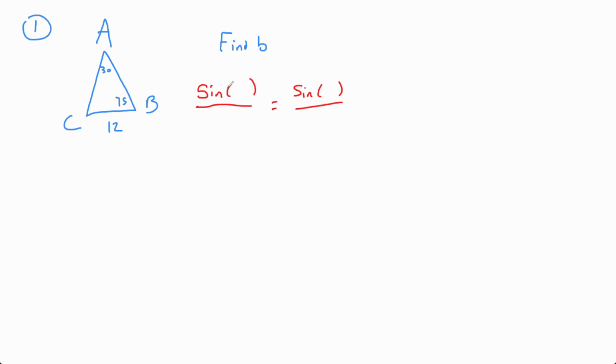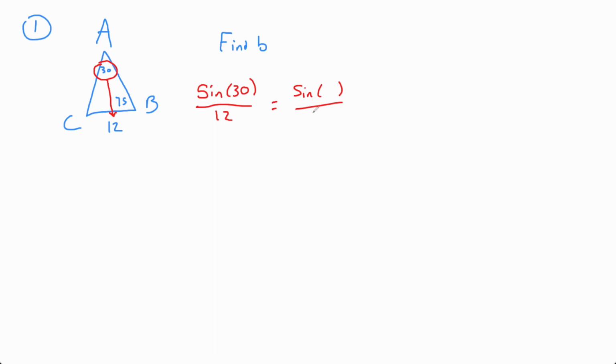And remember, the way I was showing you in class, on the left-hand side, fill in your two known pieces of information, right? I know that angle A is 30 degrees, and I know its opposite side. So that's my two known pieces of information. So they go together on the left.